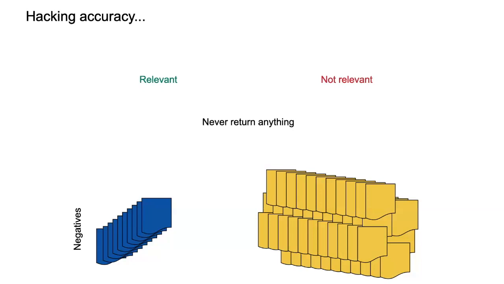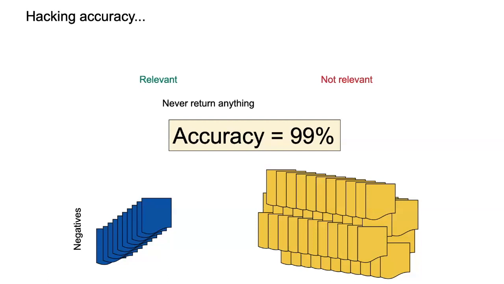You got them right with little effort just by not returning them. The ones you get wrong are the ones you should have returned, and you didn't. So if you do the division, this is close to 100%, because you're going to have millions in the yellow zone and very few in the blue zone. So you get very good accuracy, except that your system is totally useless because you don't return anything. This is why accuracy is typically not a good way of evaluating a system. You need to be aware of that.